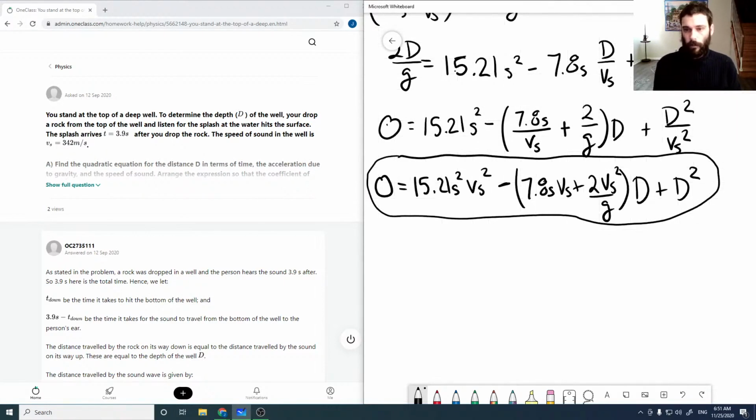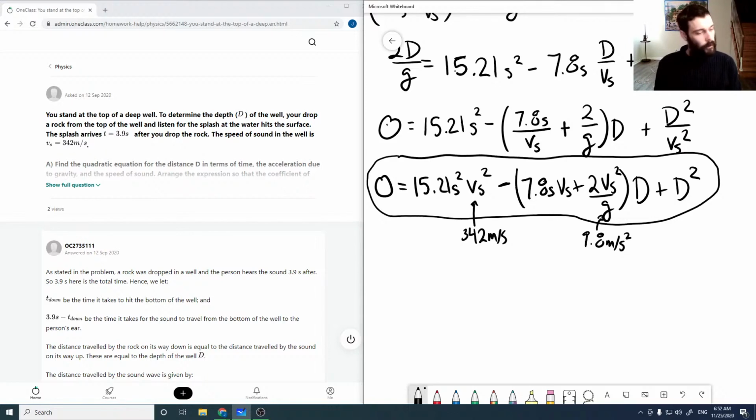So to do that, we're just going to plug in values. For Vs, we're using 342 meters per second, and for g, I'm using 9.8 meters per second squared.